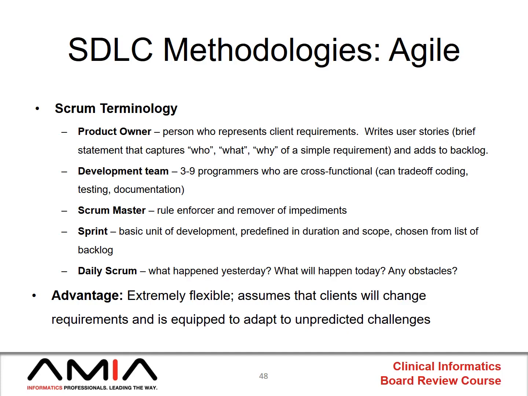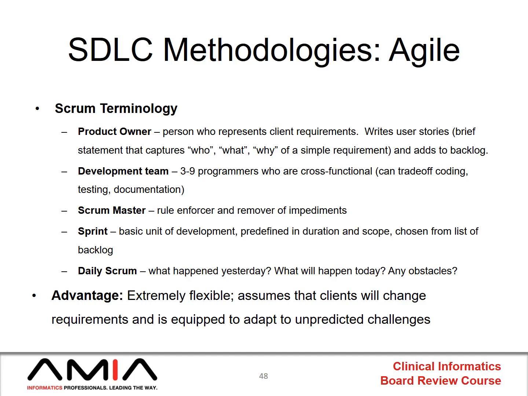For example, we built an asthma care tool at our institution, and rather than having the programmers interface with the entire asthma care committee who created the pathway and the clinical procedures, we had them nominate one person who happened to be a clinical informaticist, who was the product owner and who could go back and forth between the two groups, help escalate decisions that need to be made and get the answers back to the programmers in a timely fashion.